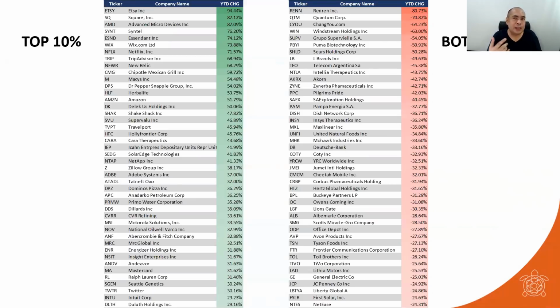The other thing that you will realize is that even today, when you're just focusing on the year-to-date returns of the investment universe, and you pull up the charts of these stocks, they tend to be the ones that have beautiful trends.